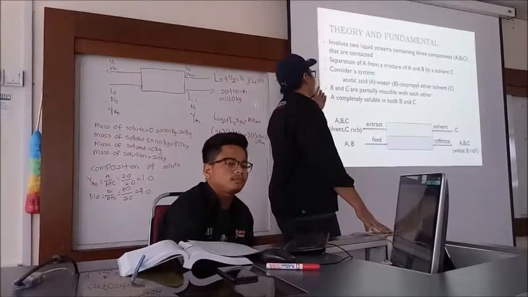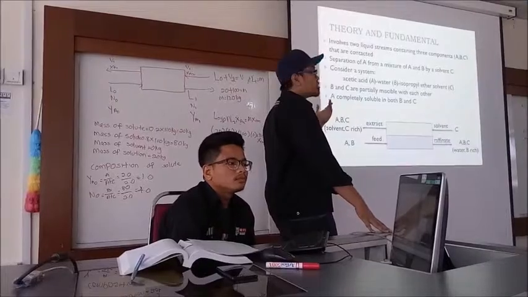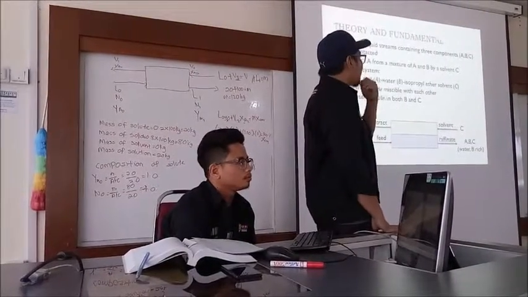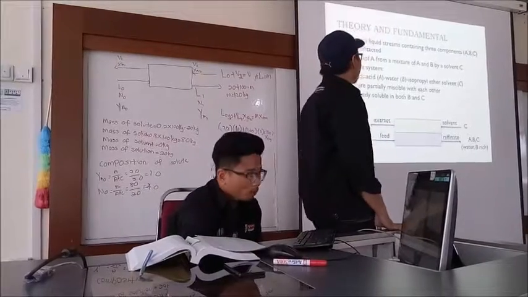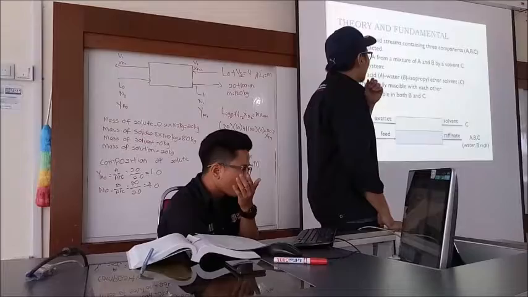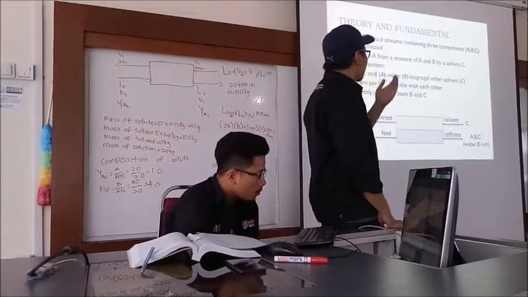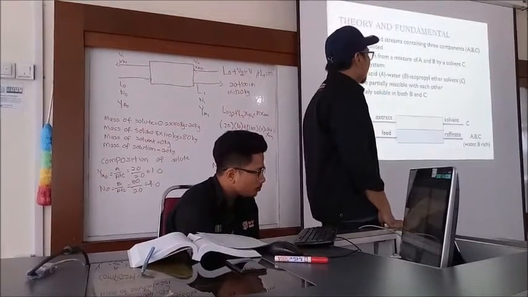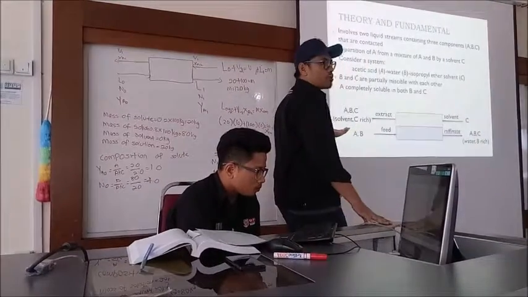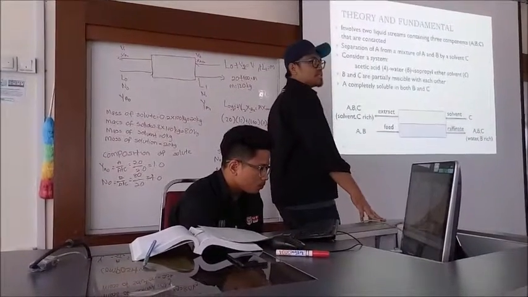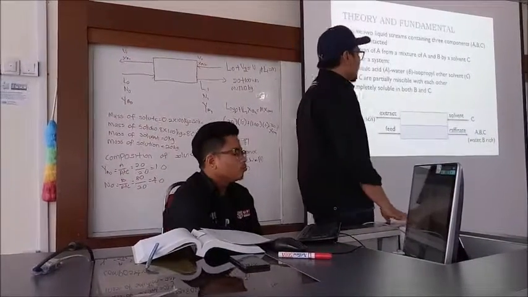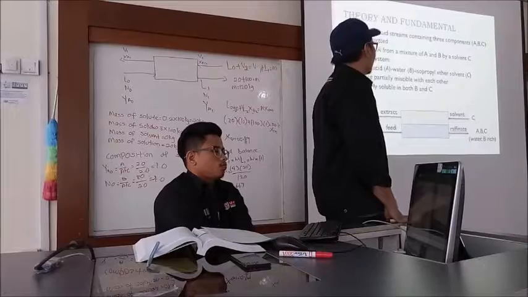This case usually involves two types of liquid stream, as I said before, containing compounds A, B, and C. They are contacted. The main purpose of this case is the separation of A from a mixture of A and B by using solvent C. For this type of problem, we consider A as the acetic acid, B as the water, and C as the isopropyl ether solvent.